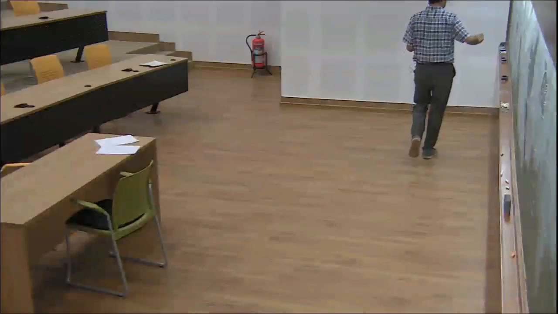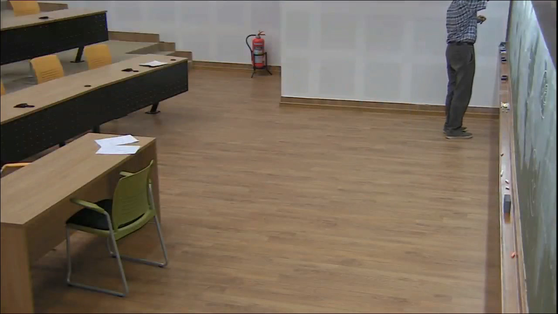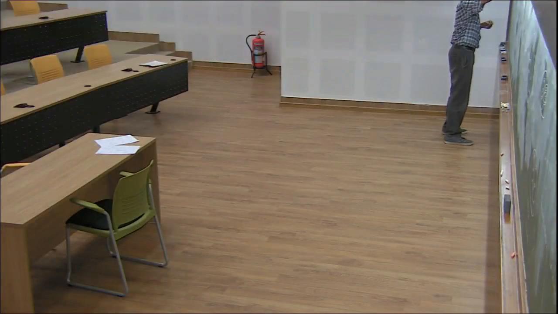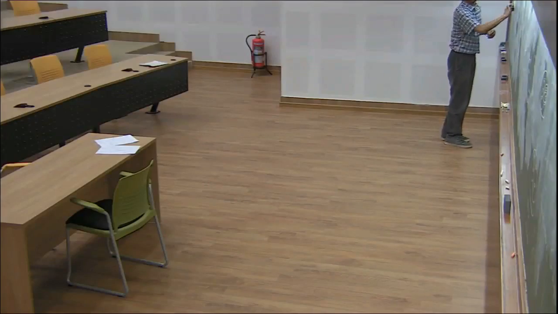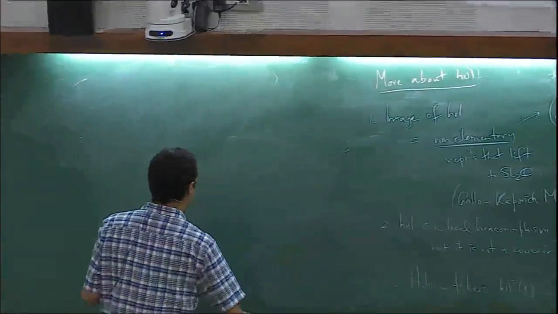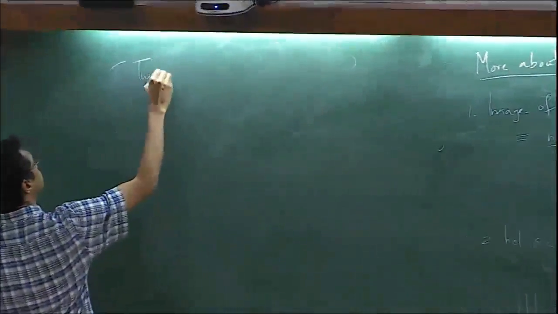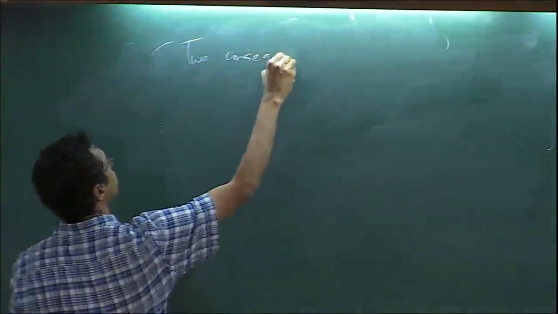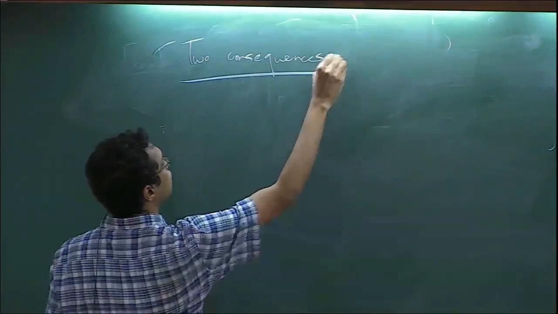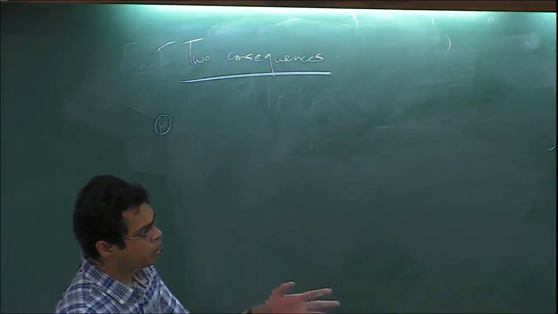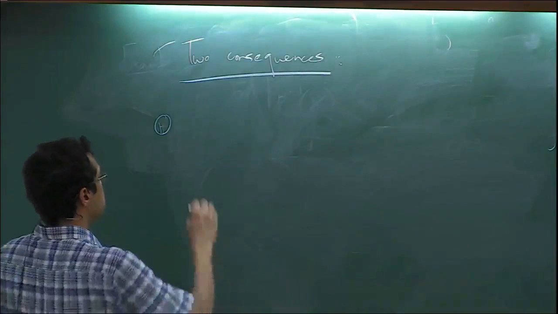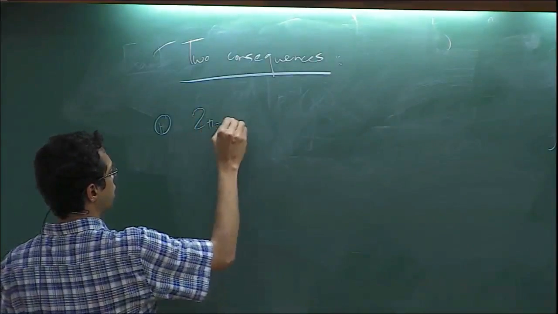All right, so let me mention two consequences of this parametrization that we are going to use. So one is, from this description, we can extract a notion of 2 pi grafting.